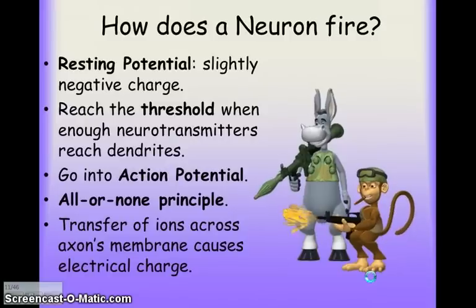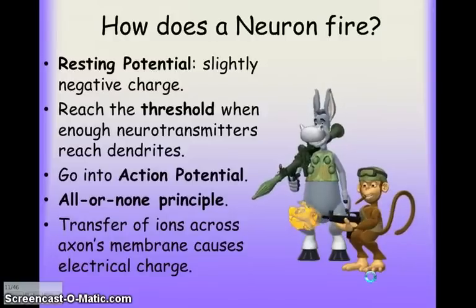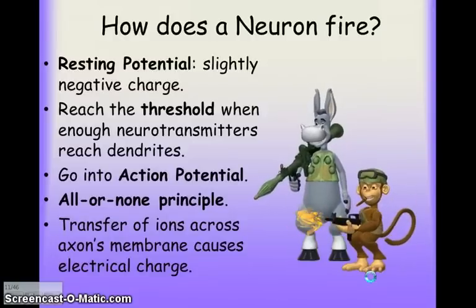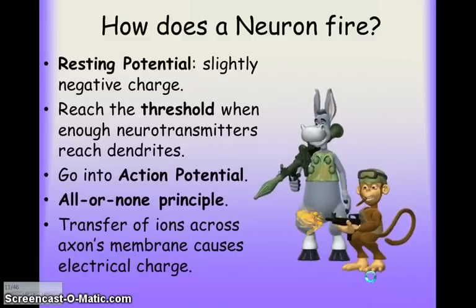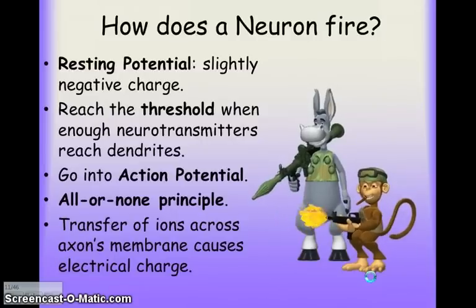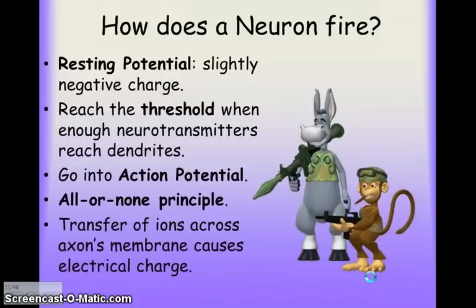If there is a message being sent, then the chemical in the brain starts to change. If a chemical in the brain reaches a certain point, we call that a threshold. When a neuron is stimulated to the point where it gets to that threshold, it decides to fire. When a neuron is sending a message, we say it's firing.